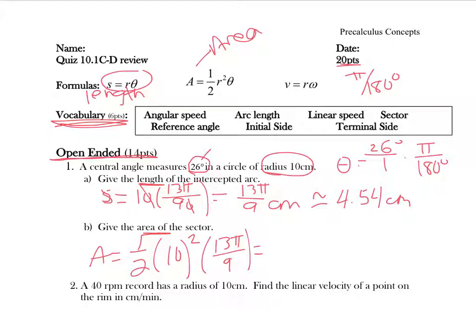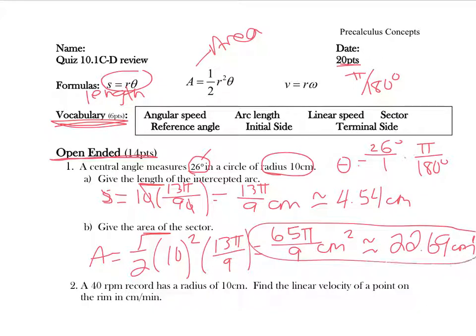You should get, if you leave it in terms of pi, 65 pi over 9 centimeters squared, which is the same as about 22.69 centimeters squared. Okay, so there is length of an arc and area of a sector.